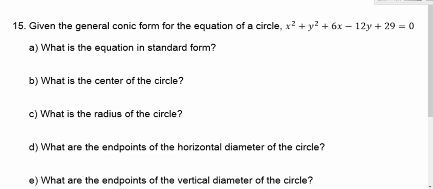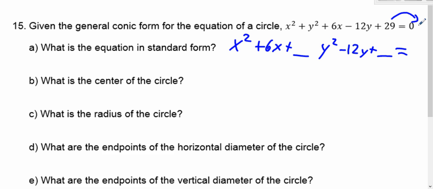So we need to first get it ready. X squared plus 6x plus blank, y squared minus 12y plus blank equals, move that 29 over, negative 29.